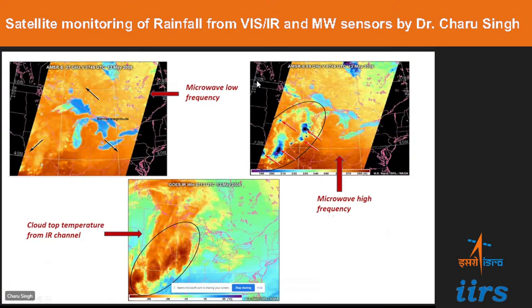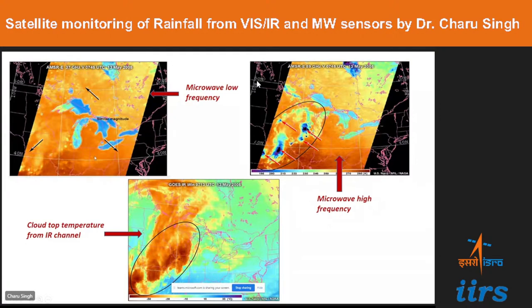If there is water content within the cloud, it will enhance the emission in the microwave region. So the microwave emission from the Earth surface is coupled with the emission by this water. Ultimately, we get the enhanced microwave emission from such features at the satellite sensor.